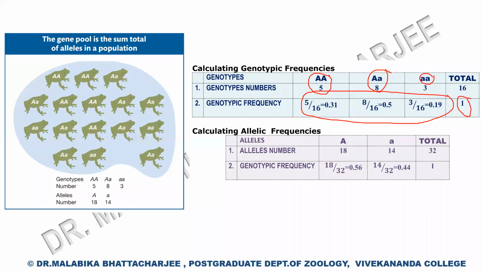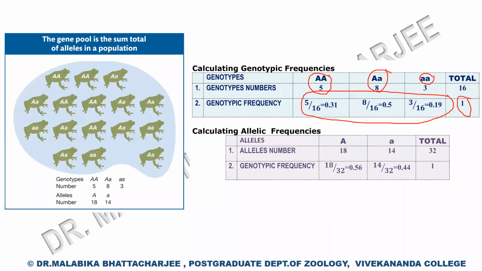So this is something to be kept in mind. The value of genotypic frequency for each individual genotype for a given gene should be between 0 to 1. And again, when we add up the individual genotypic frequencies for a given gene, that will add up to 1. So that was the first part where we developed the concept of genotypic frequency.